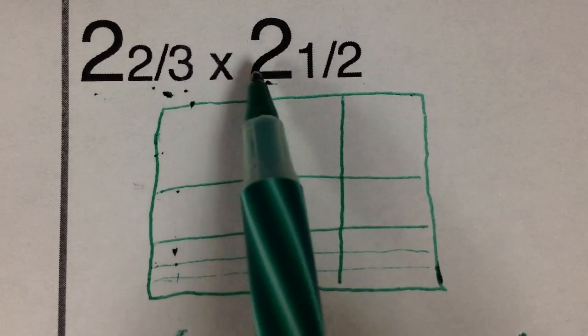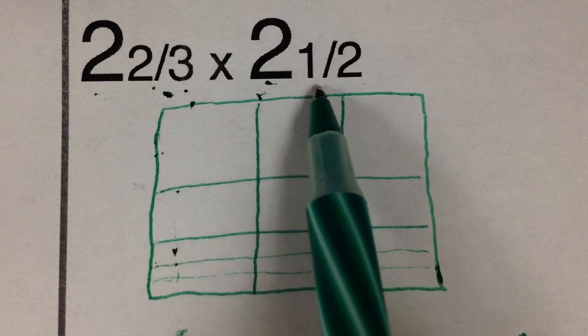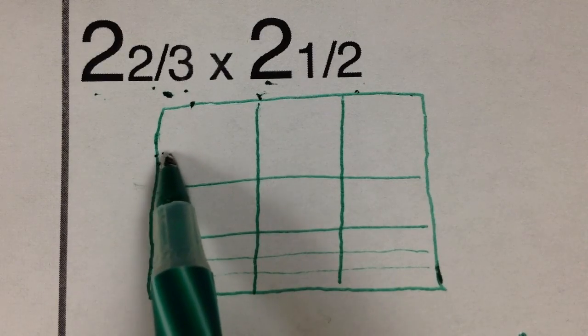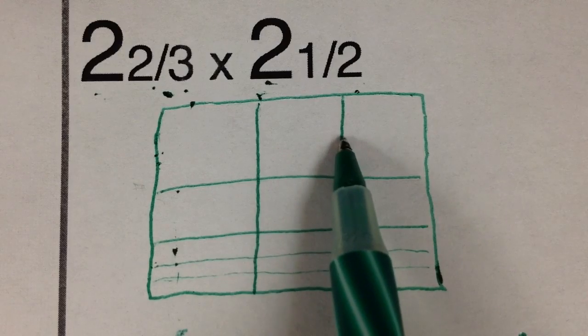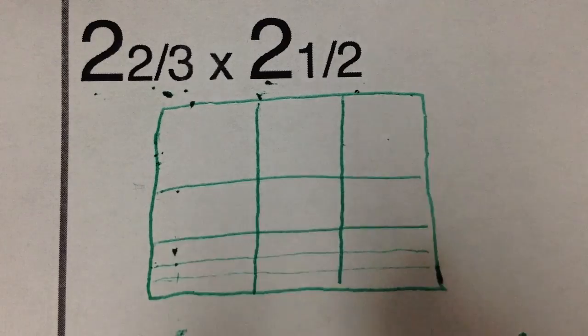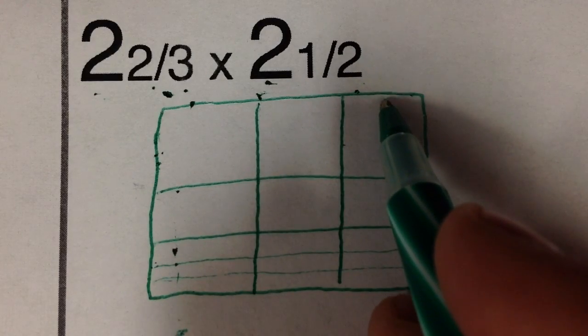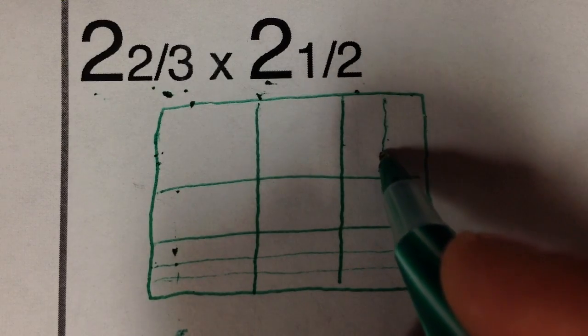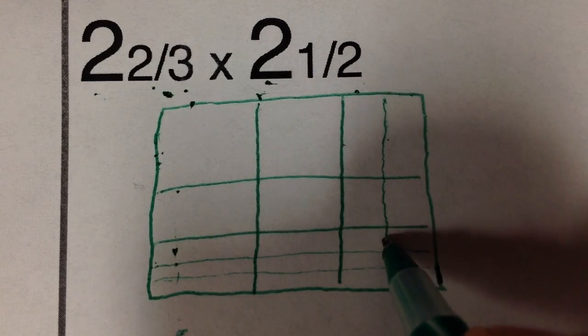Now for the columns, I said I was going to use that to represent 2 1/2. So you see here I have 1 whole, 2 wholes, and then I'm going to cut it in half here. Again, I'm going to try and use a lighter line to show that it's a fraction.